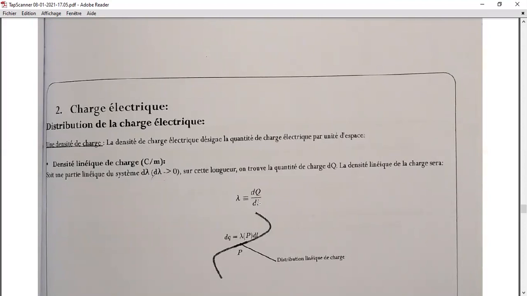So dl is basically the one which you use to calculate the surface of, or in other terms, the one which you use in polar coordinates.